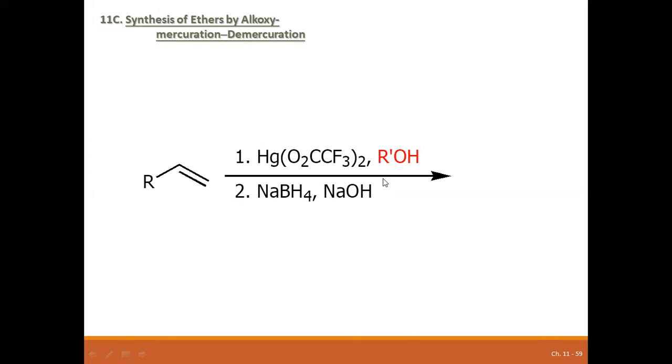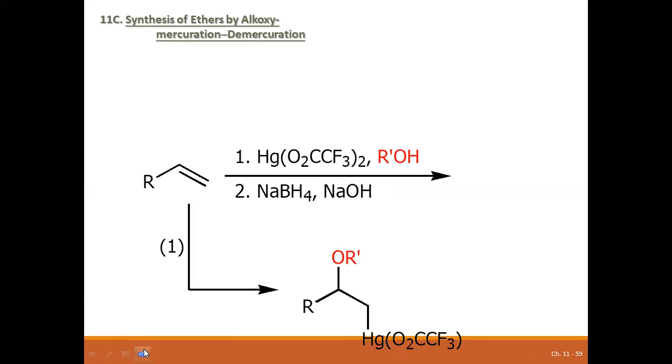But instead of water, we use ROH. So what happens is that you have your mercury added on one of the carbons. The carbon that is rich with hydrogen is where the mercury is being added, and the other carbon will have the OR being added.